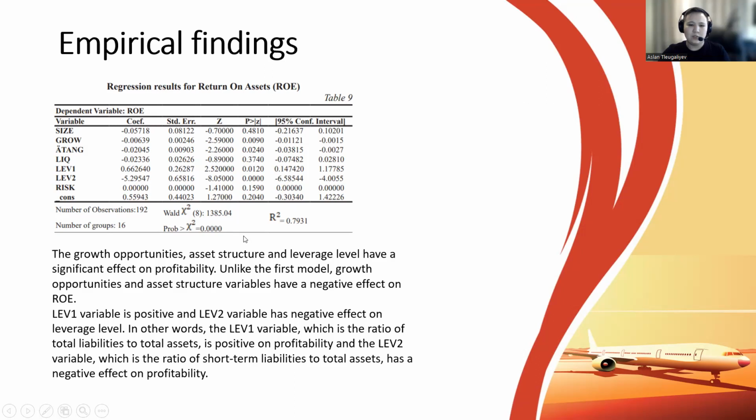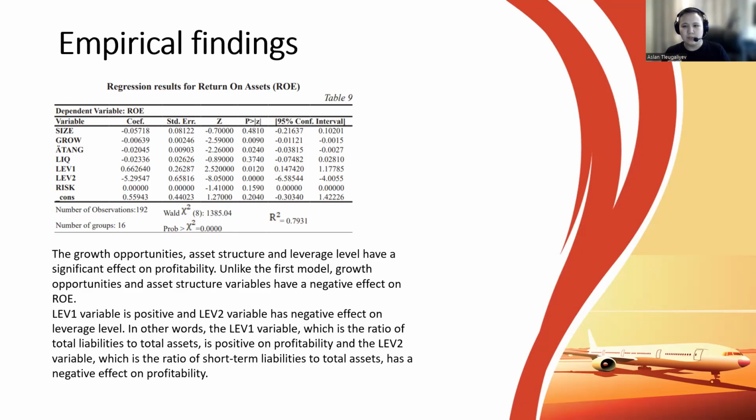Based on this we can conclude that leverage 1 is the ratio of total liabilities to total assets, and in the long term the risk is always lower and the entity is expected to be more solvent and more capable of repaying both its principal and accrued interest obligations.